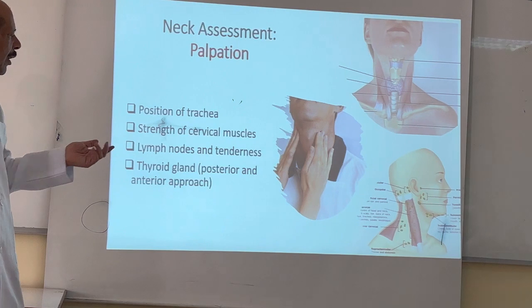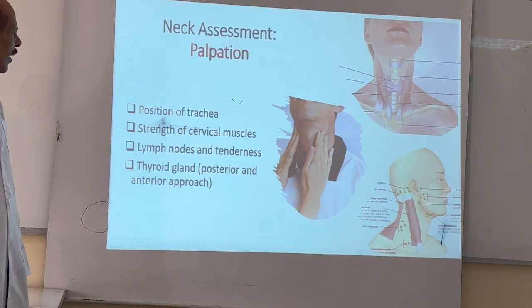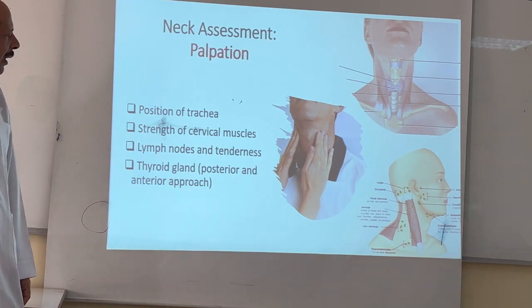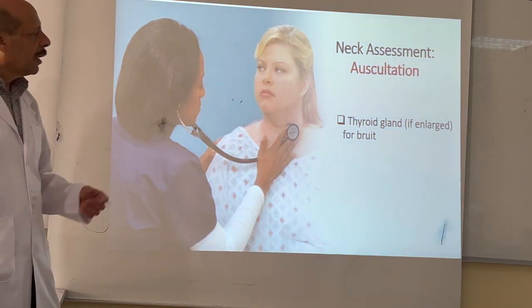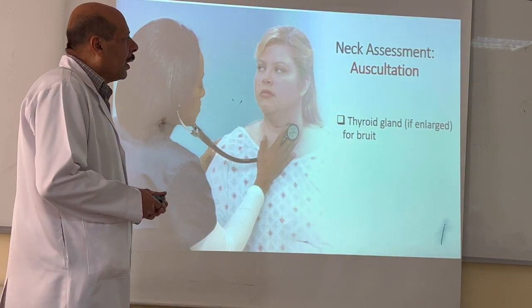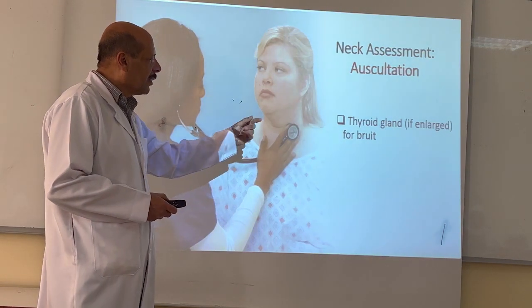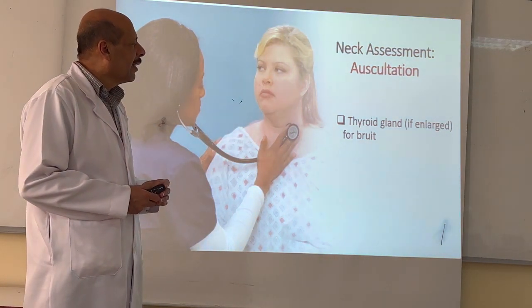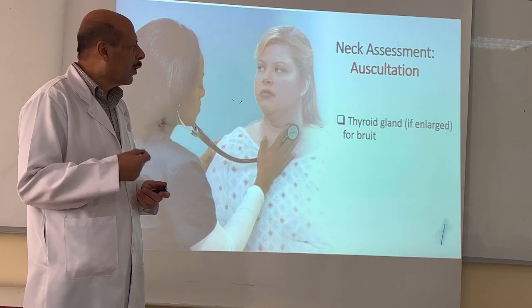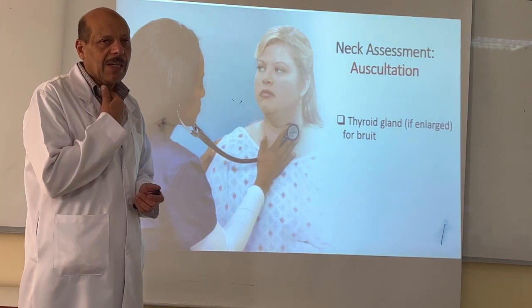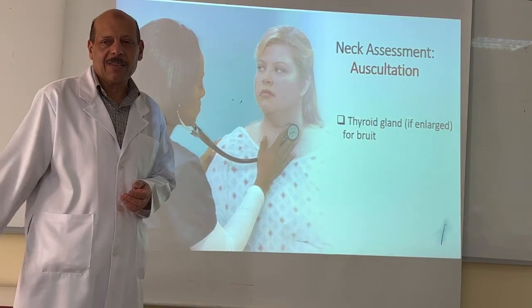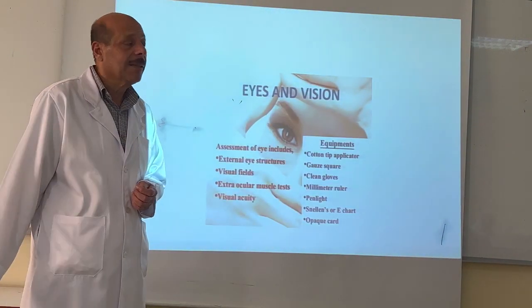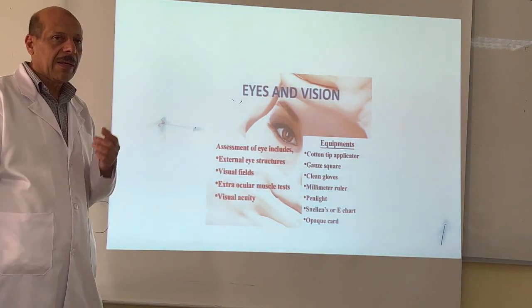So palpation of the thyroid gland, posterior and anterior approach. Here, auscultation: she is auscultating the thyroid gland. In case of an enlarged thyroid gland, you might hear a bruit, that sound.